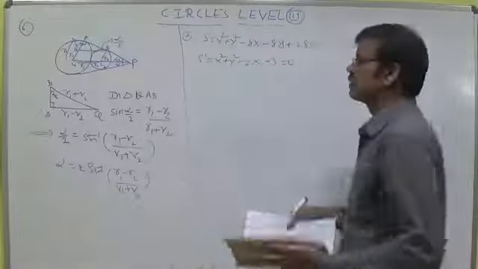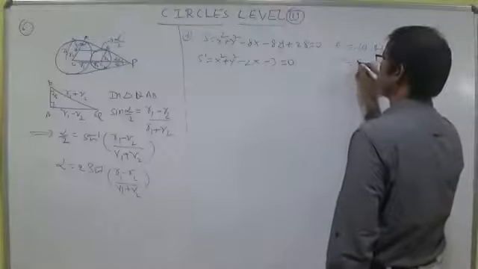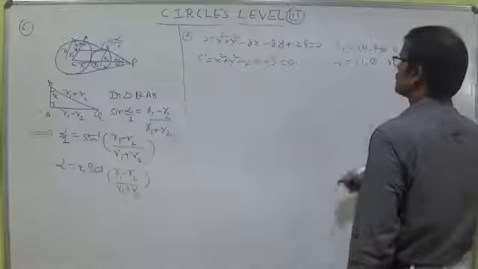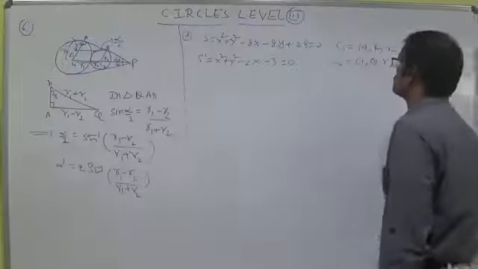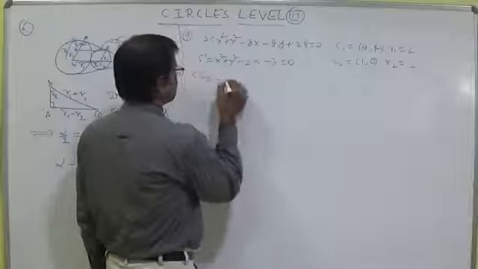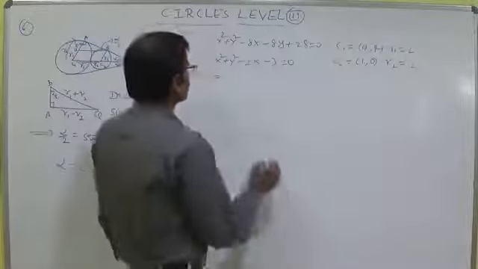C1 is (4, 4) and R1 is root of 16 plus 16 minus 28, which is 2. C2 is (1, 0) and R2 is root of 1 plus 3, which is 2. Let us discuss the distance between C1 and C2. C1C2 is root of (4 minus 1) whole square plus 4 square, so it is 5.